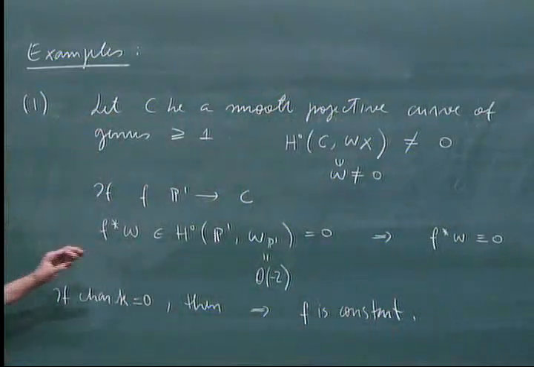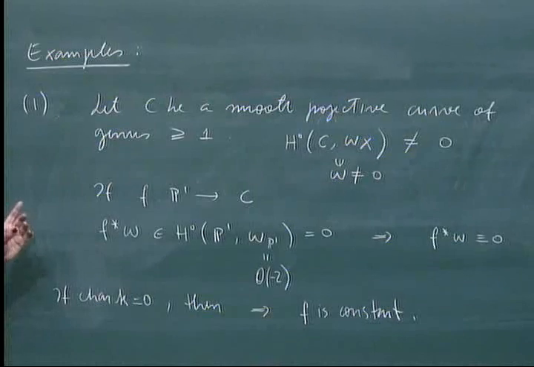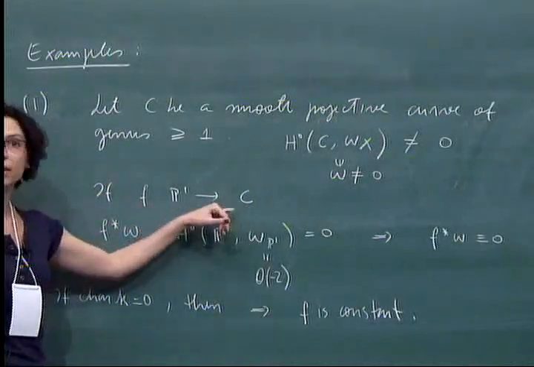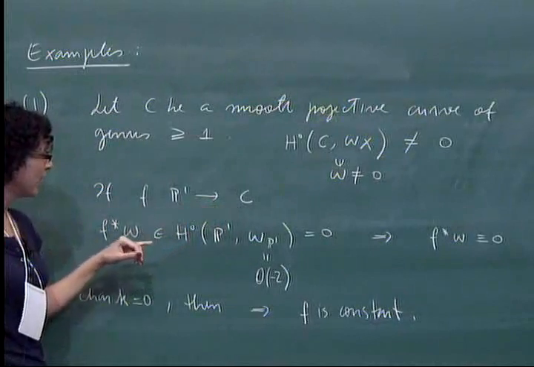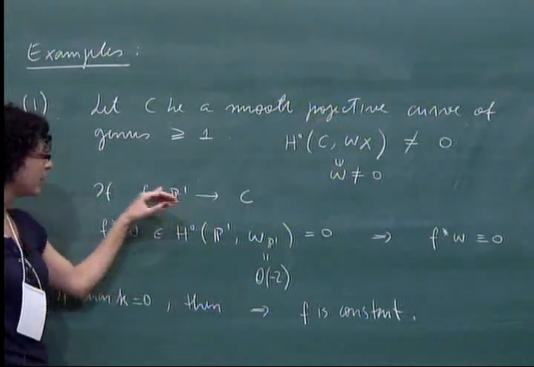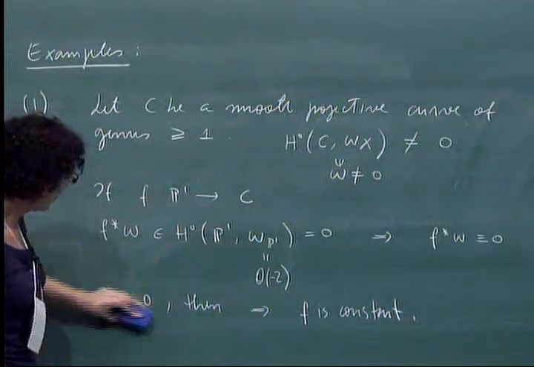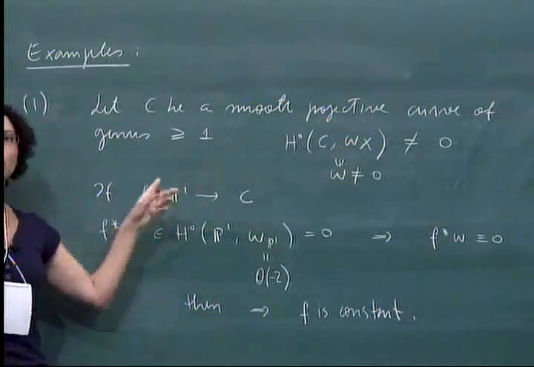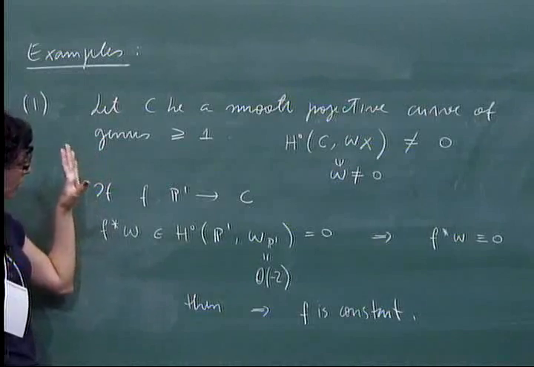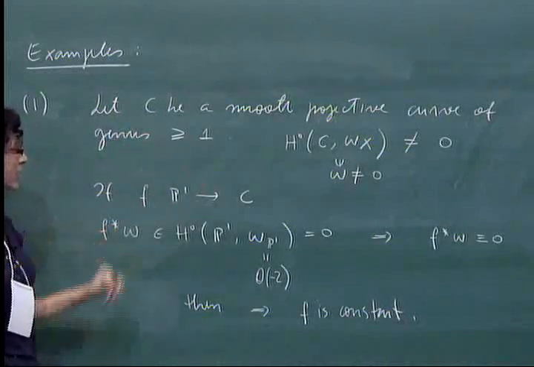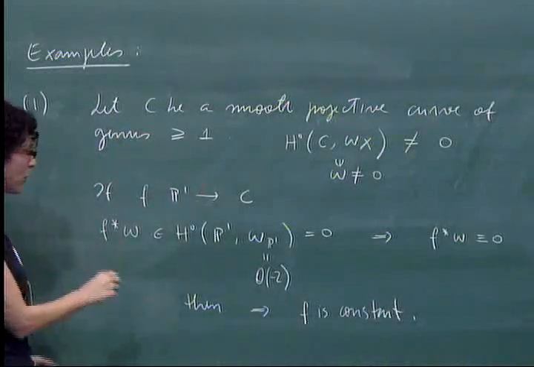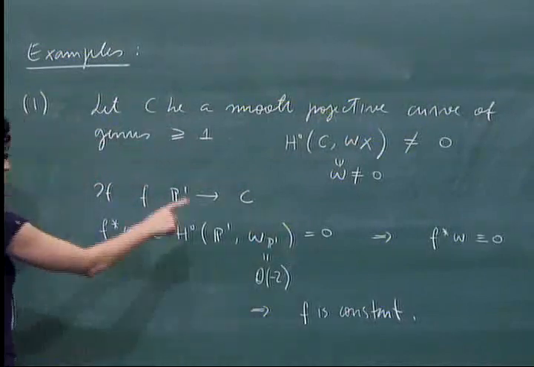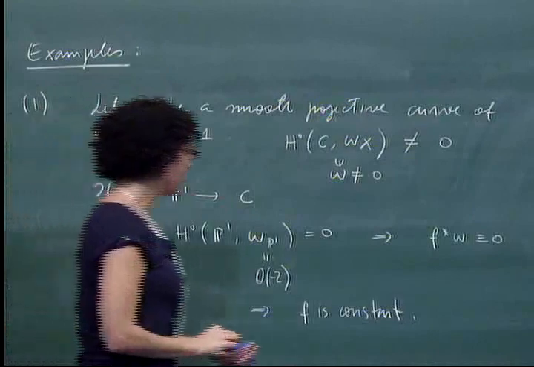When you are in positive characteristic, then you have to be a little bit careful, because this morphism may not be separable, and then you cannot conclude this directly, but it is still okay. You just have to notice that this morphism will factor through something totally inseparable and something separable. So you just have to work a little bit, but in any case, you are able to conclude that f is constant.